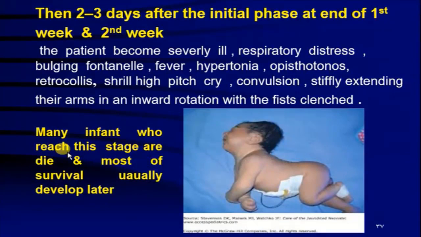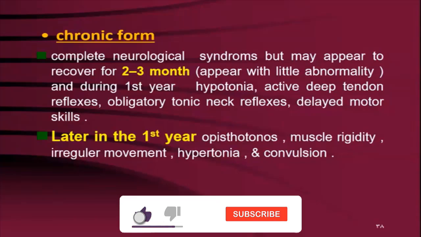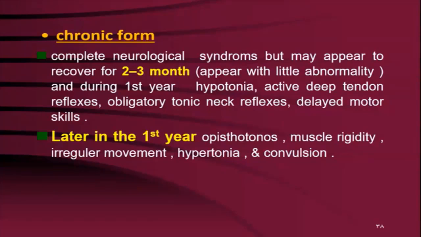Many infants who reach this stage die, and most of the survivors usually develop the chronic form, a complete neurological syndrome, but may appear to recover for 2 to 3 months with little abnormality.